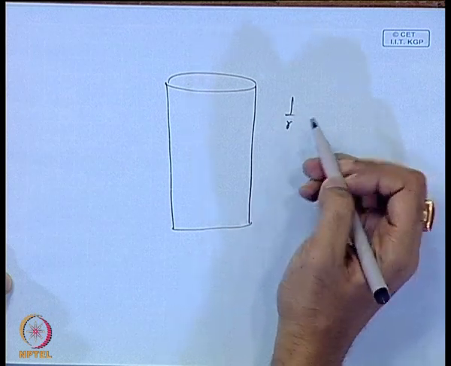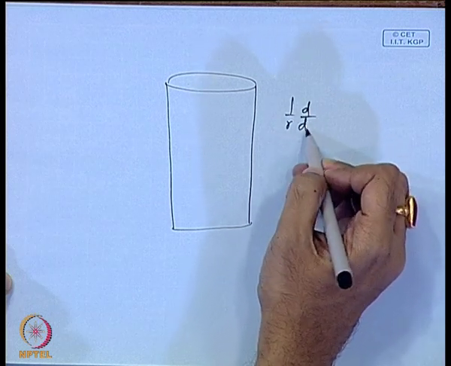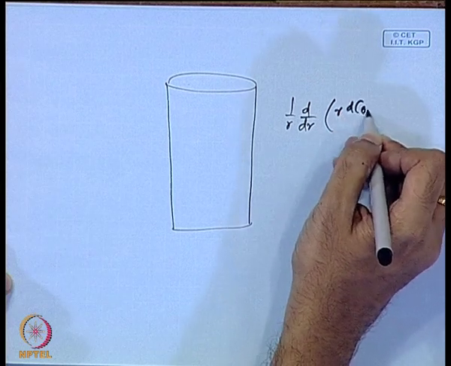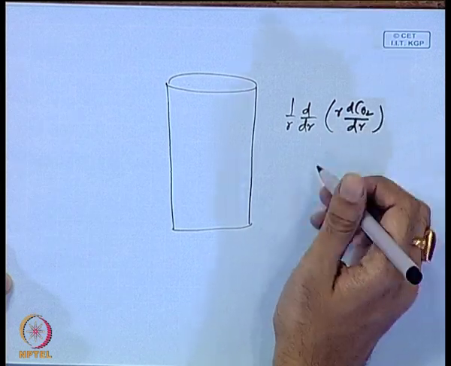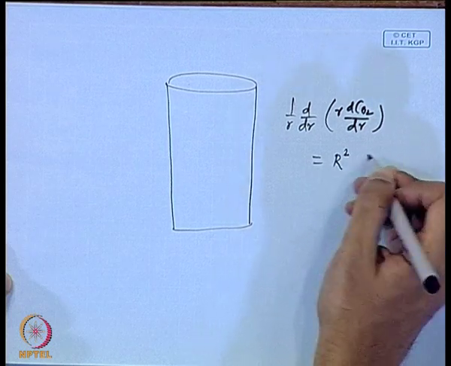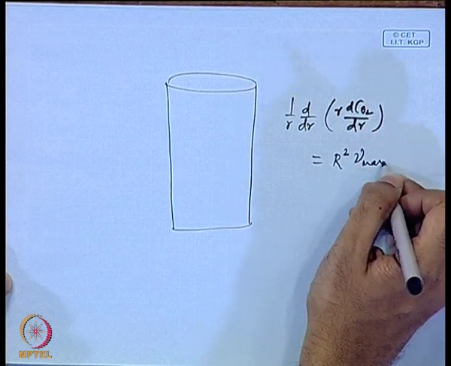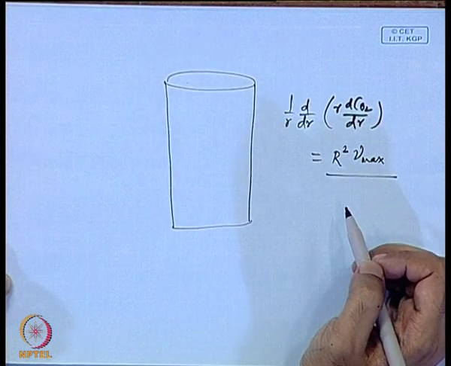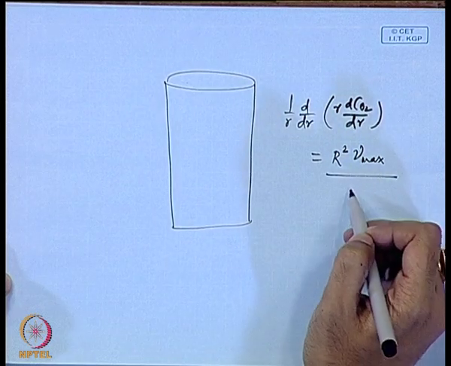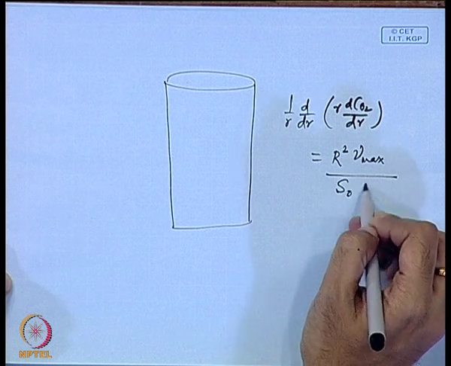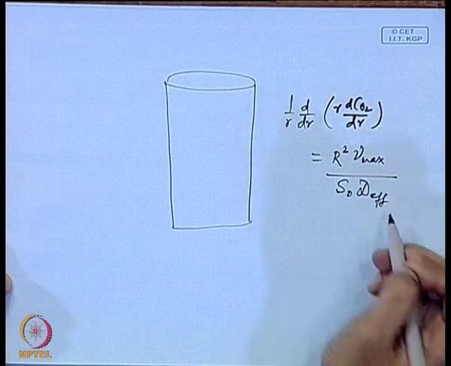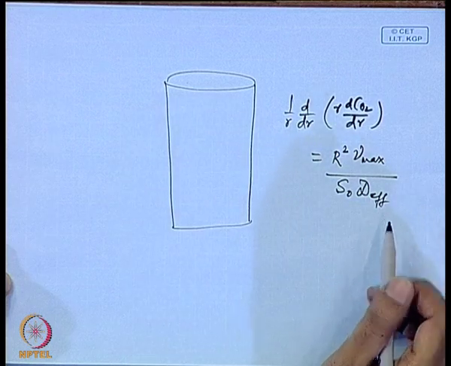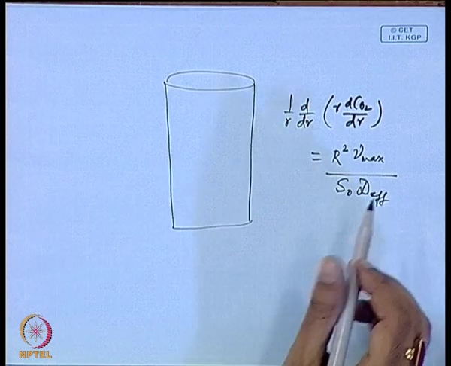My reaction equation over here is 1 over R d/dR of R. I used new max instead of R max, the reason being that R now I am using for the overall radius of the mold, that is why I changed the notation. S naught is Km times beta, sorry. So, this is my equation.